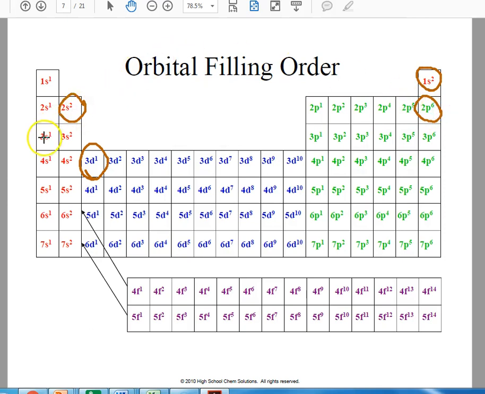That one is filled. 3s1, 3s2. 3p1, 2, 3, 4, 5, 6. We got to make our way all the way to scandium. 4s1, 4s2, and 3d1. So the 1s2, 2s2, 2p6, 3s2, 3p6, 4s2, 3d1 would be the electron configuration for scandium.